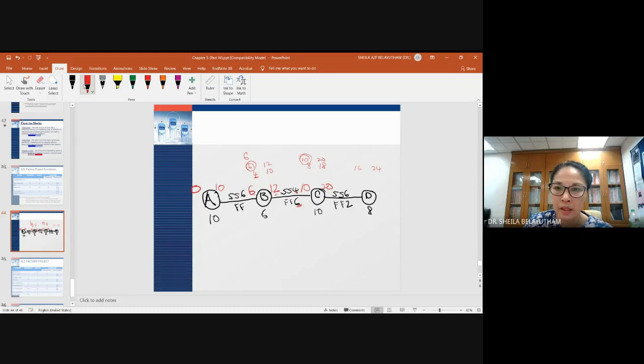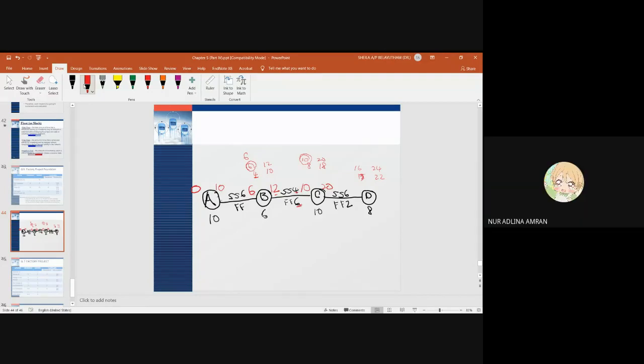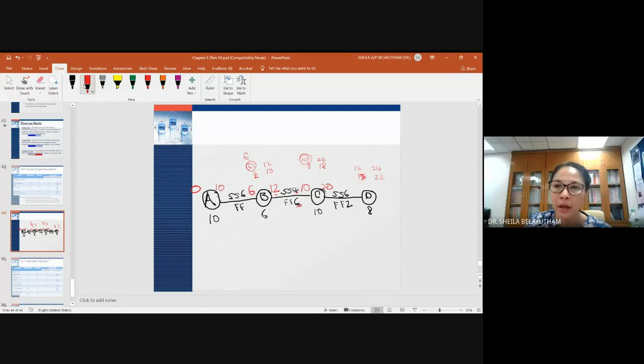Activity C finish 20 plus 2, D will finish 22. Minus 8, you will get 14. So the larger one will be 16 plus 8, you finish 24.